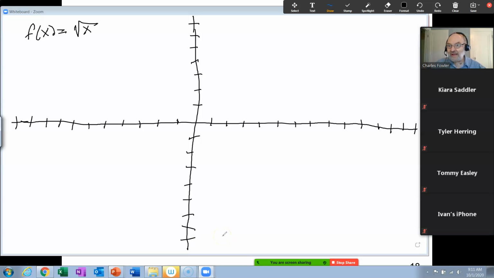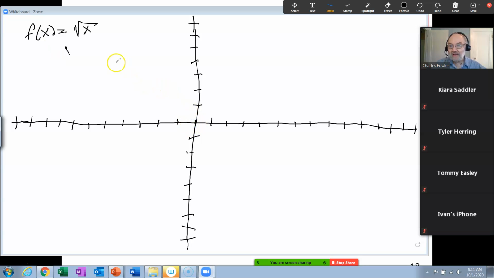So let's first graph f of x equals the square root of x. When x equals 0, the square root of 0 is 0, and f of x is y, so that's going to be the origin, 0, 0.